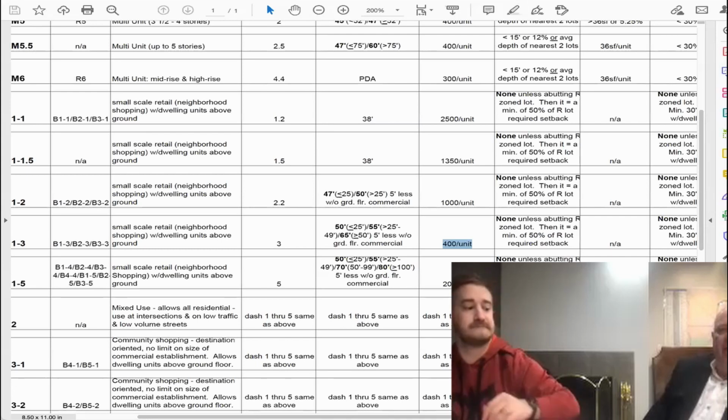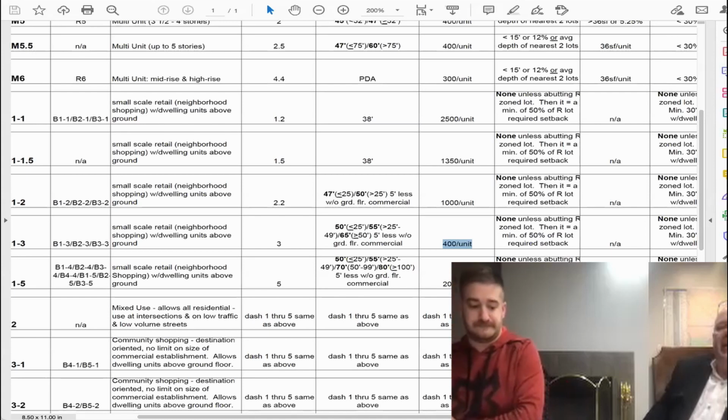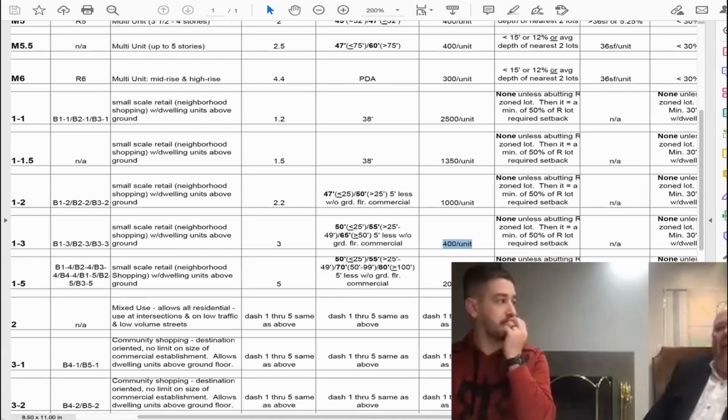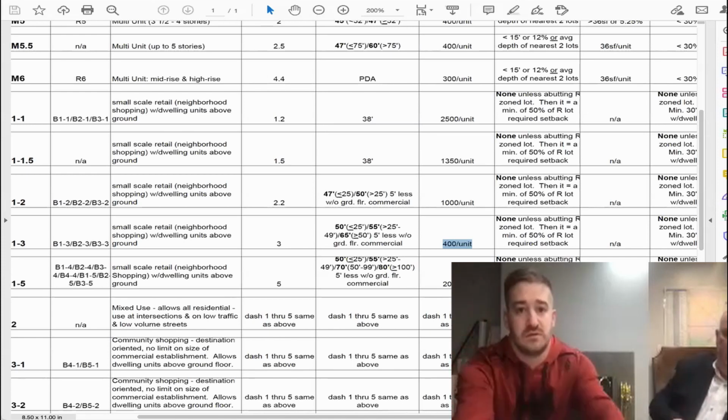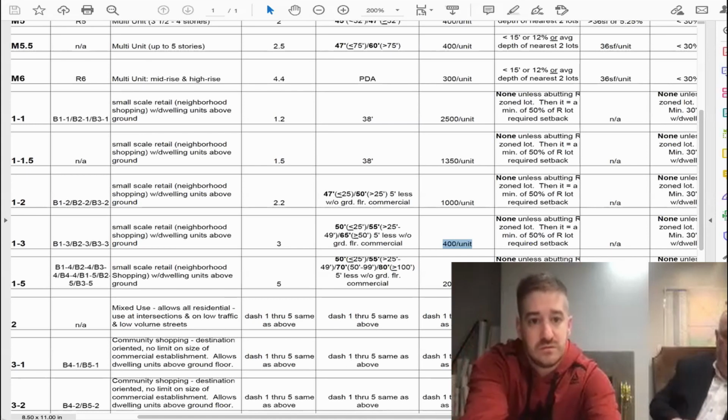So the first number is the permitted uses that you could put in a commercial. And the second number dictates how many units you could build, how many square feet you can build. It is the second number always. So if it went from C1-2 to C1-3.